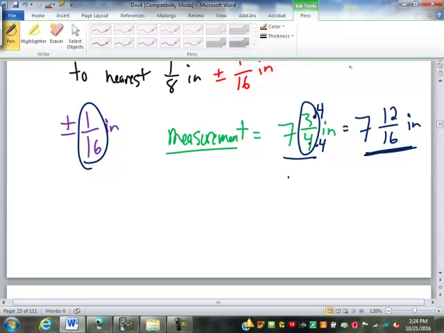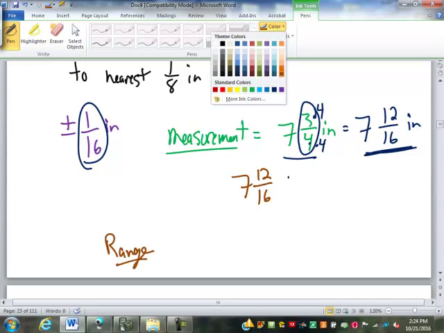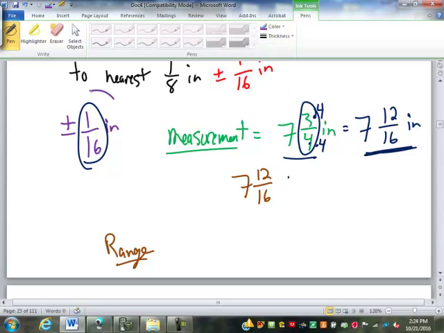But now we're going to use that to find our range. Since our error is plus or minus 1/16, we're going to subtract 1 from this. What's 12 minus 1? 11.